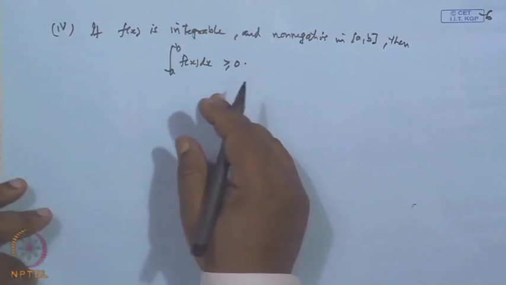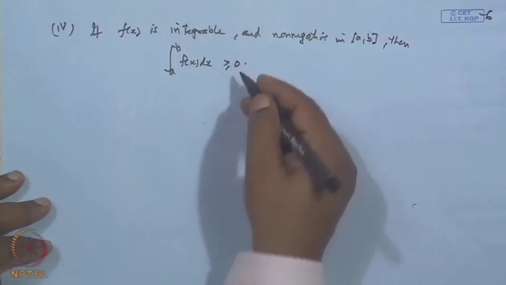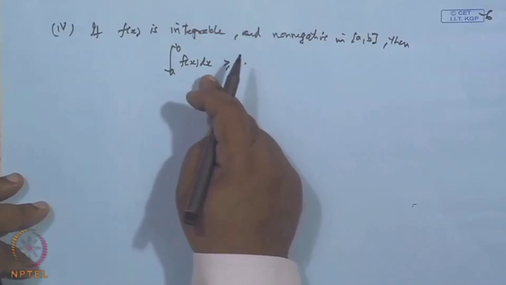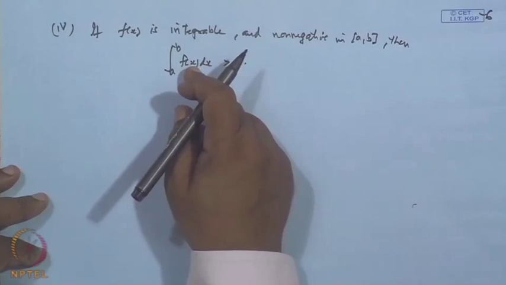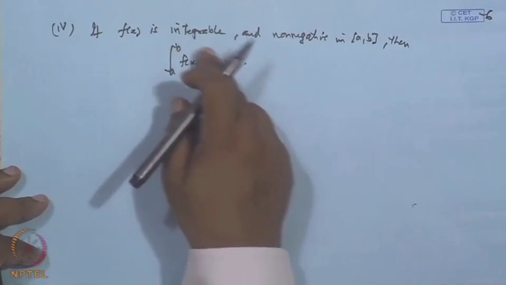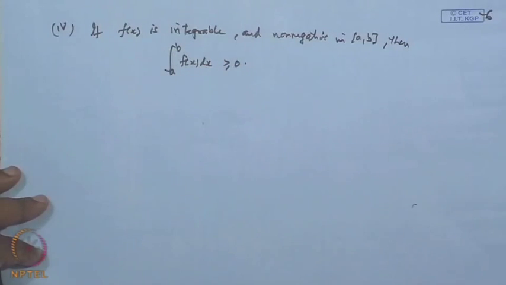It also follows, because it is non-negative: the sum of f of xi delta xi is non-negative, since f of xi is positive and delta xi is positive. So the limit will also be non-negative. There is nothing to prove.